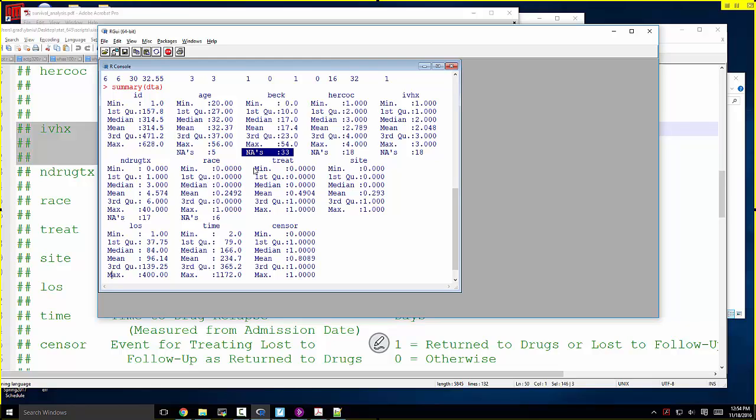Something like heroin, cocaine, or IV history, you're asking every study participant, tell me what your history has been with respect to heroin and cocaine over the last 3 months. That's the kind of sensitive question that you wouldn't be surprised to see people leave blank. I don't want to answer that question. So not surprising that there are some missing values there.